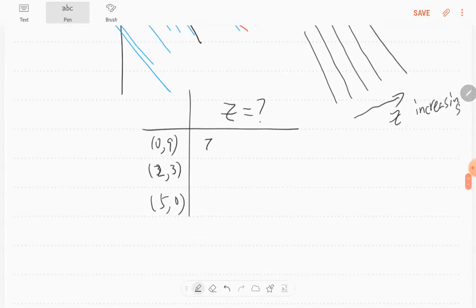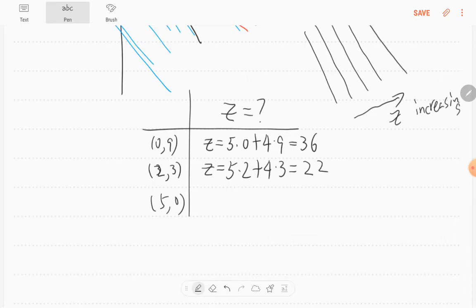For (0, 9), z equals 5 times 0 plus 4 times 9, which is 36. For (2, 3), z equals 5 times 2 plus 4 times 3, which is 22. For (5, 0), z equals 5 times 5 plus 4 times 0, which is 25.